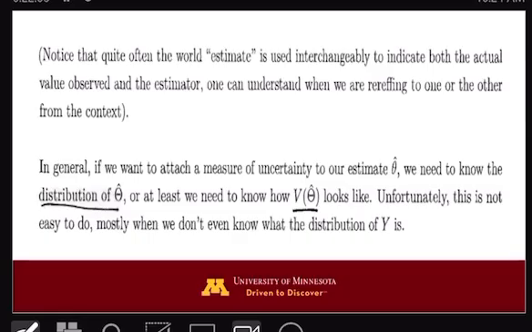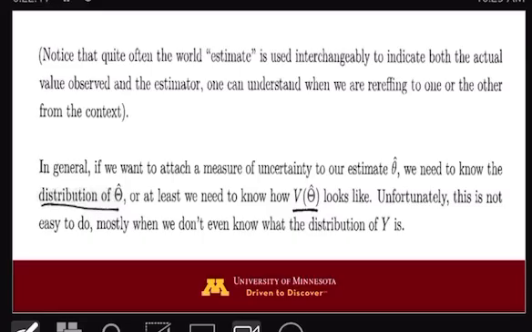I said in general, if we want to attach a measure of uncertainty to our estimate, then we need to know the distribution of the estimator. Let me tell you this. If something gives you results that vary from one data set to the other, then that very module that gives you varying results is a random variable.